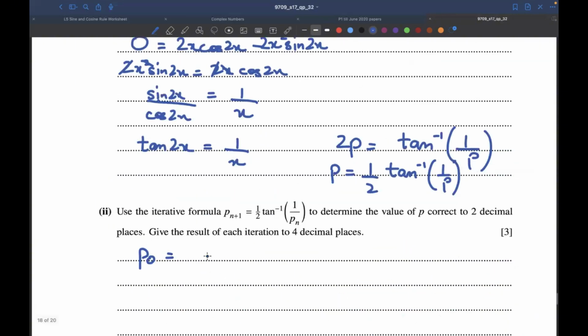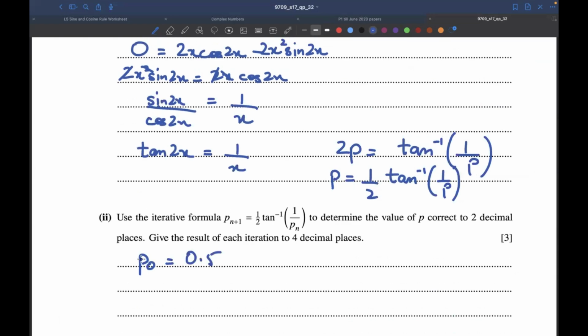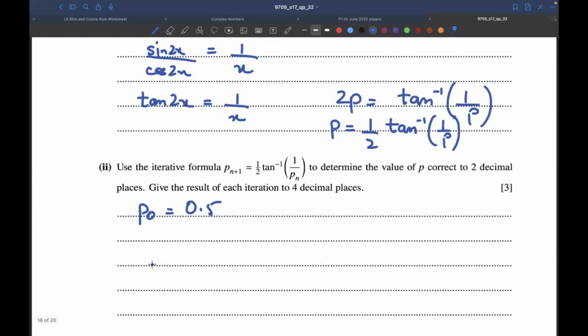So we can start off with the initial value 0.5, and the first value of p will become 1 upon 2 tan inverse of 1 upon 0.5, which is tan inverse of 2. Now substituting this in the calculator, we'll get tan inverse of 2, and then we'll divide by 2.